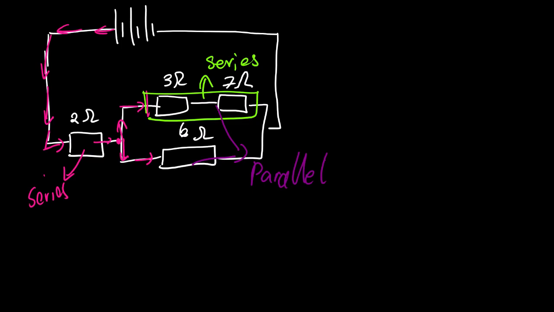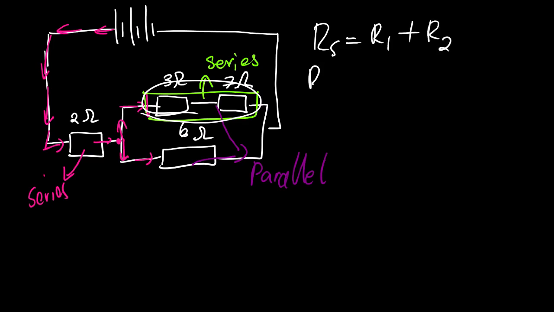So where is the starting point? We cannot just calculate the parallel connection. We need to solve this series connection first. So we are going to use series equation. It's 3 plus 7. We have 10 ohms.